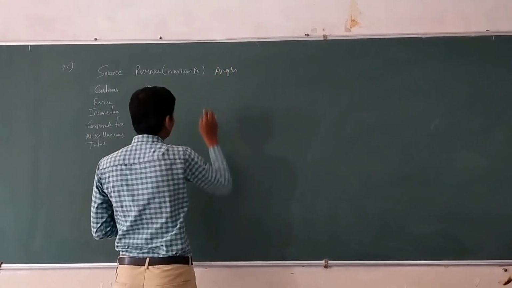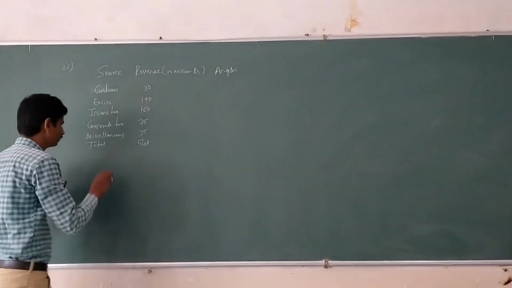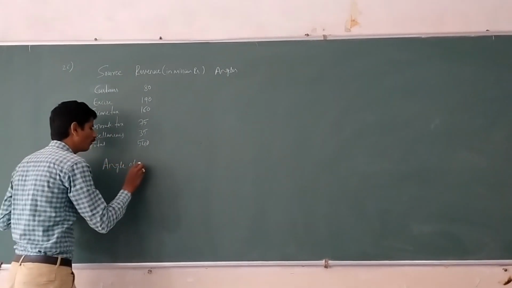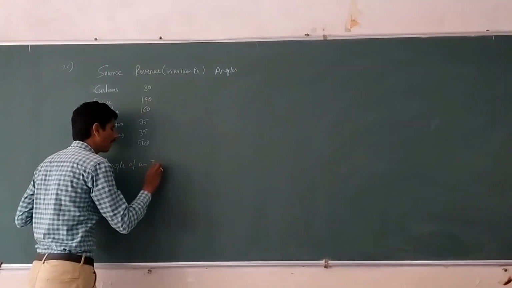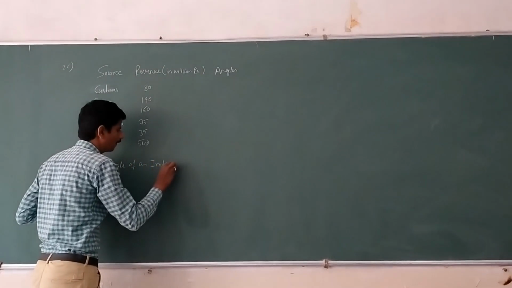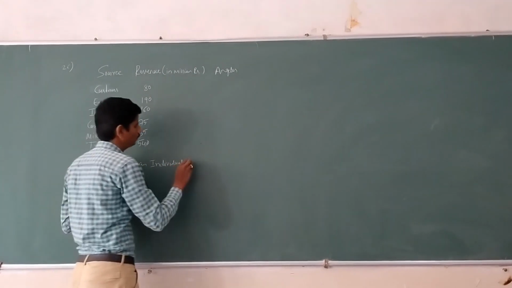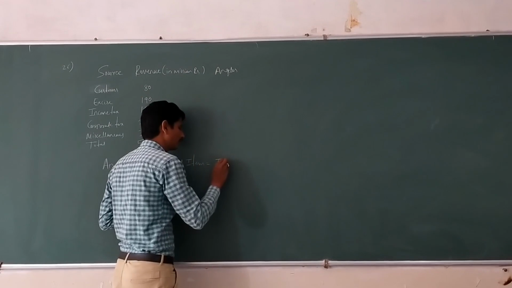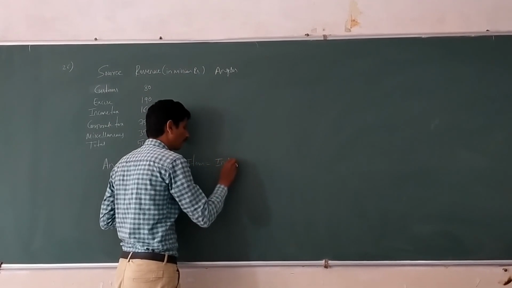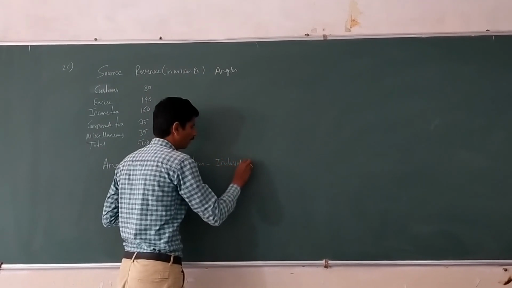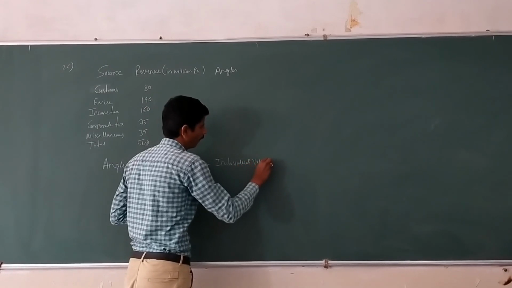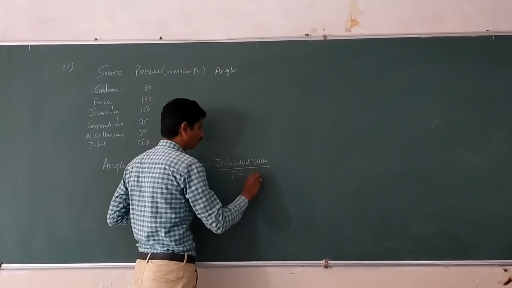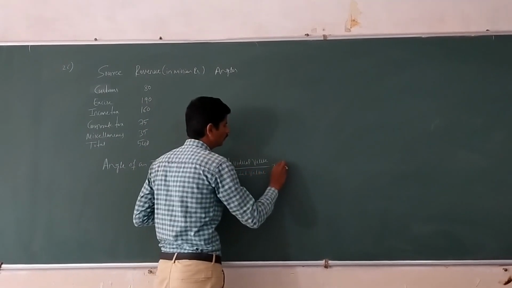First, how to calculate the angle? The angle of an item is equal to the item value divided by the total value into 360 degrees. Here the angle can be calculated as item value divided by total value into 360.